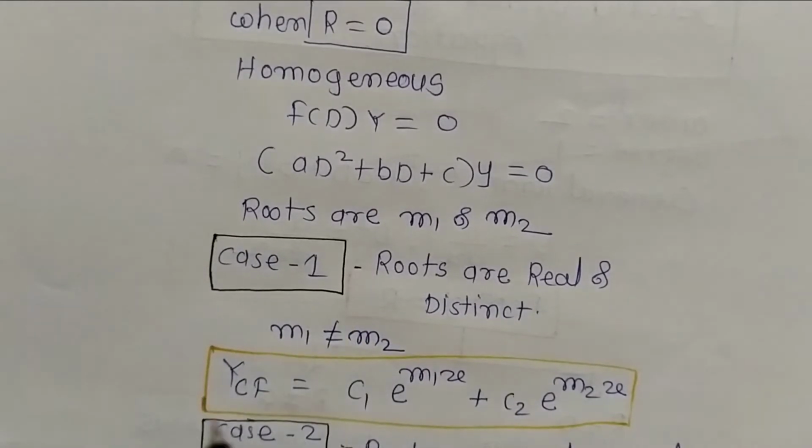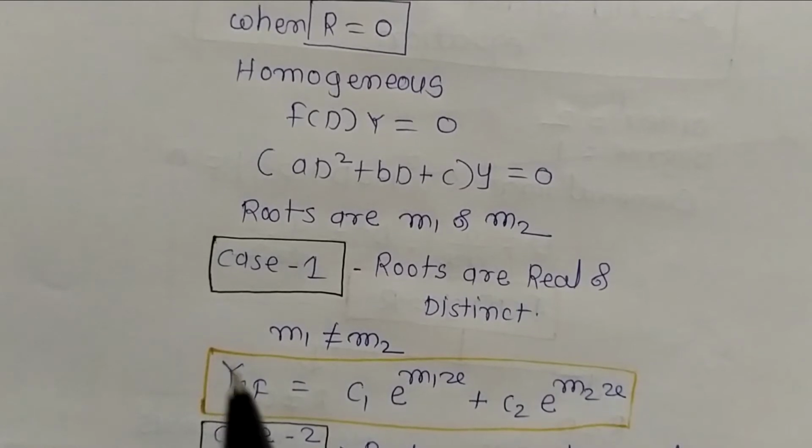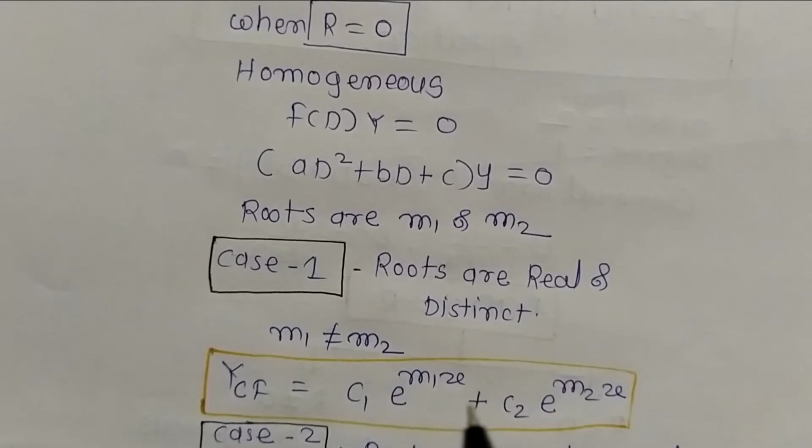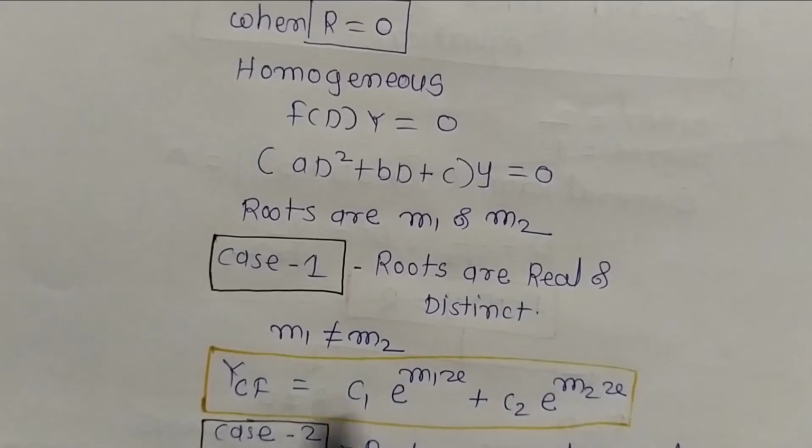In that case, the solution of this differential equation is c1 e^(m1 x) plus c2 e^(m2 x) when roots are real and distinct.